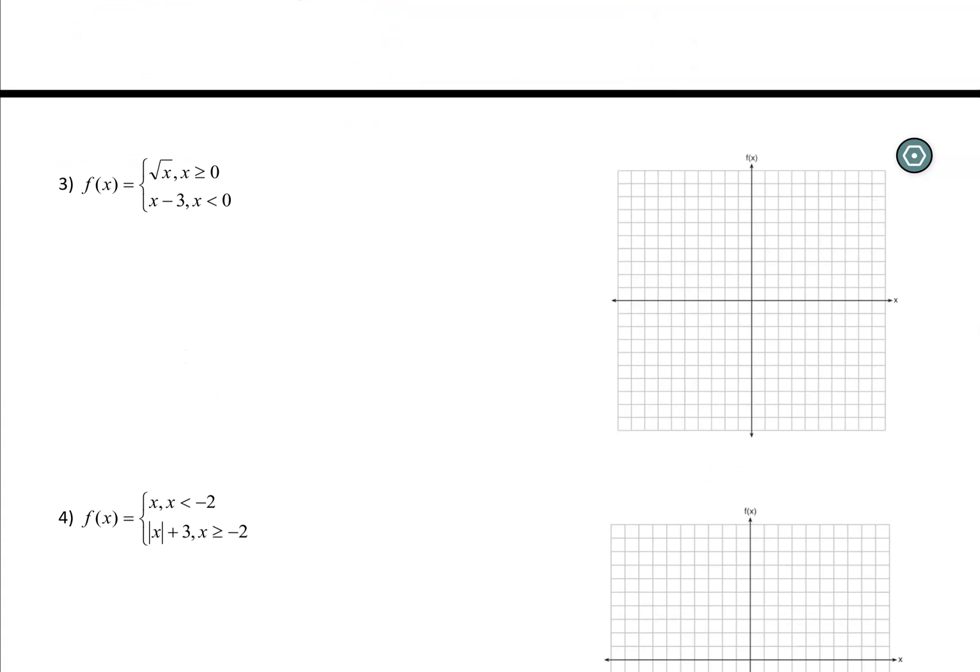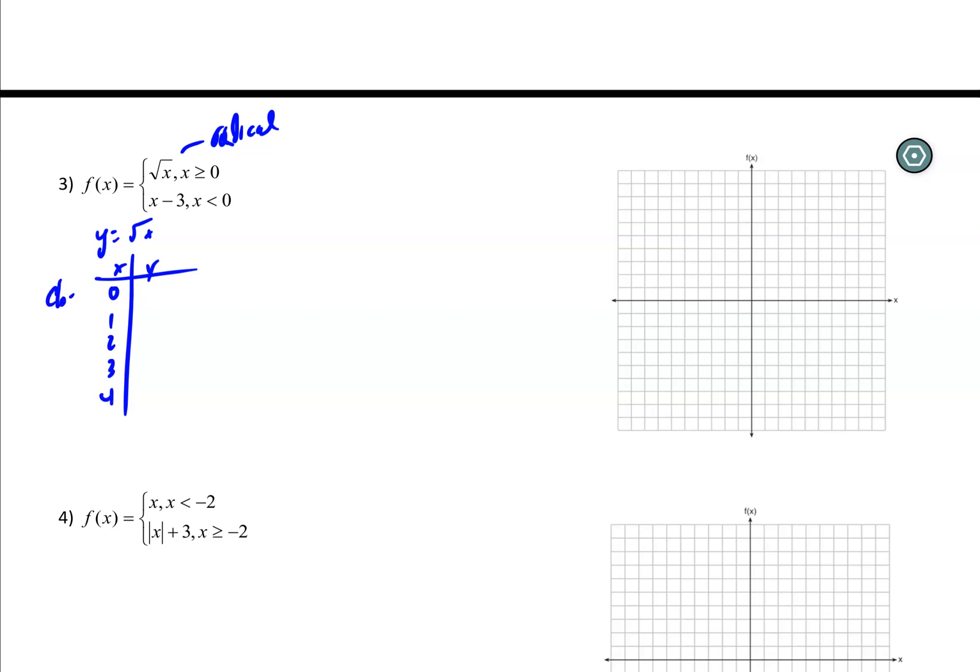The 3 is a little different, but generally the same concept here. We've got a radical function here. So let's say y is equal to root x. So we're going x's and y's for x is greater than or equal to 0. So 0, 1, 2, 3, 4, 5, so on and so forth.